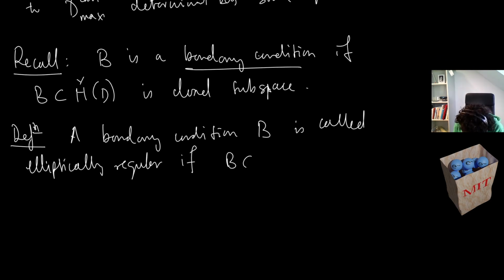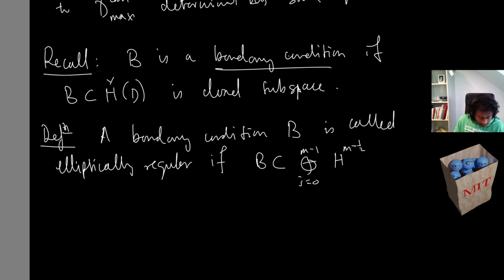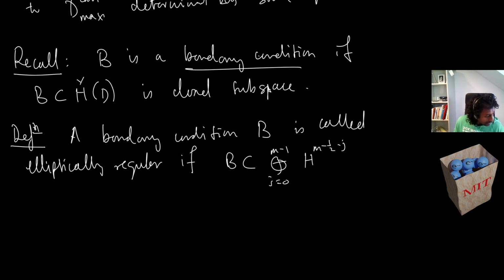B is in addition to, so now, this check space contains lots of positive order Sobolev spaces. So in addition to being a closed subspace of the check space, we want it to also sit inside the sum over j equals 0 to m minus 1 of H^{m-1/2-j}(∂M; E).